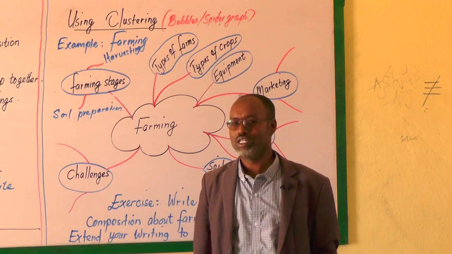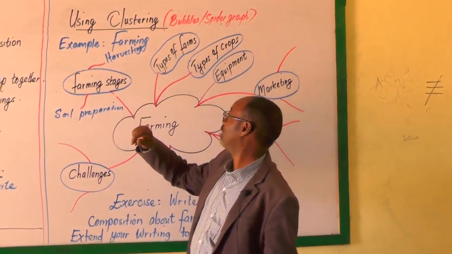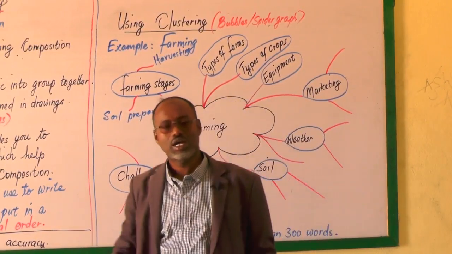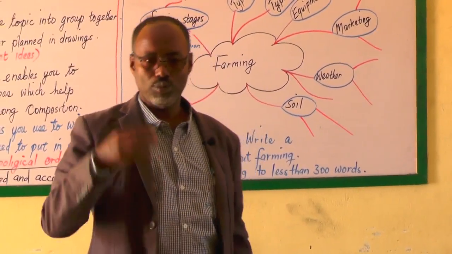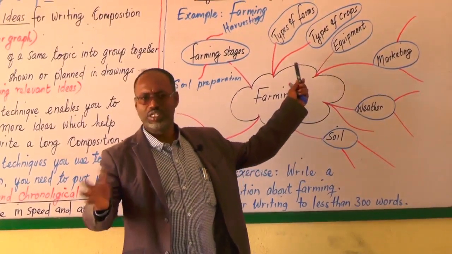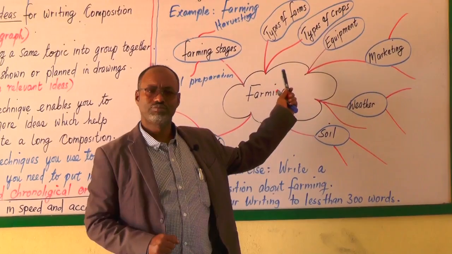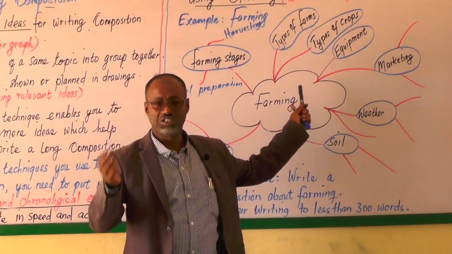It will be long. For example, types of crops. Ask yourself, how many sentences can you write about this? Maybe 2 or 3 or 4. About 30 words and so on.